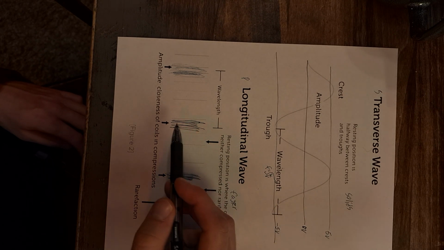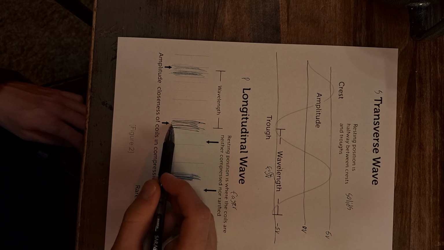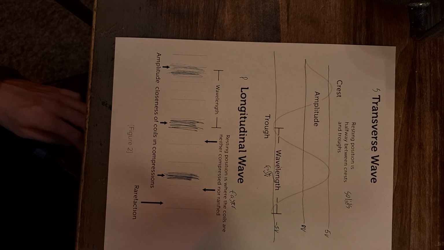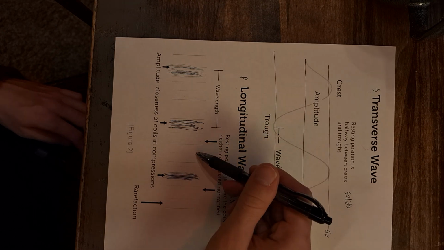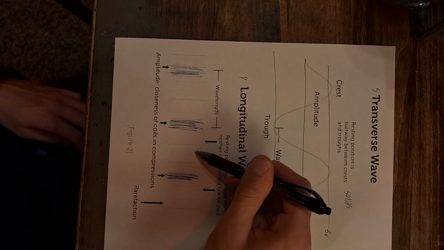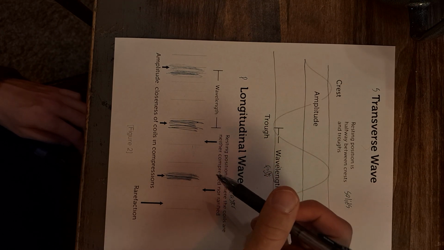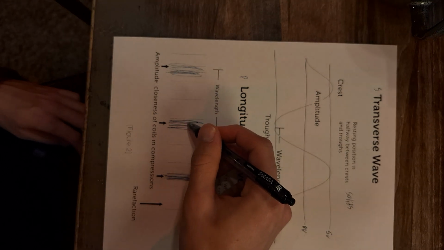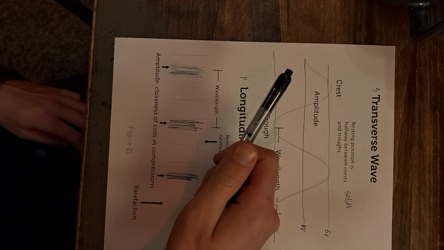When we come down here, we see we have these nodes and these antinodes. These antinodes, or the rarefaction points, well, if we were to measure the amplitude here, we need to measure how much energy is going into that. How do we do that?